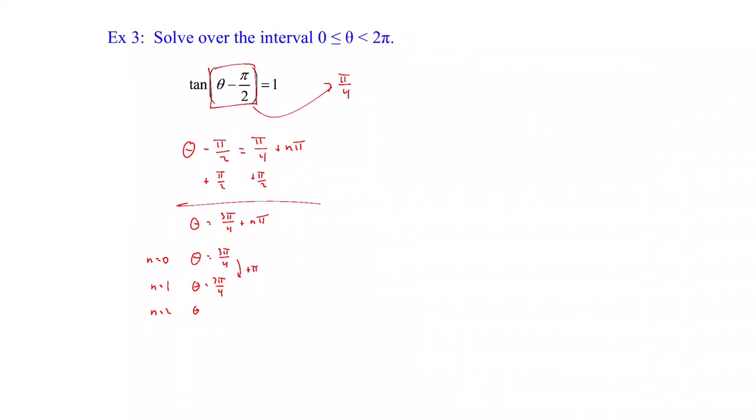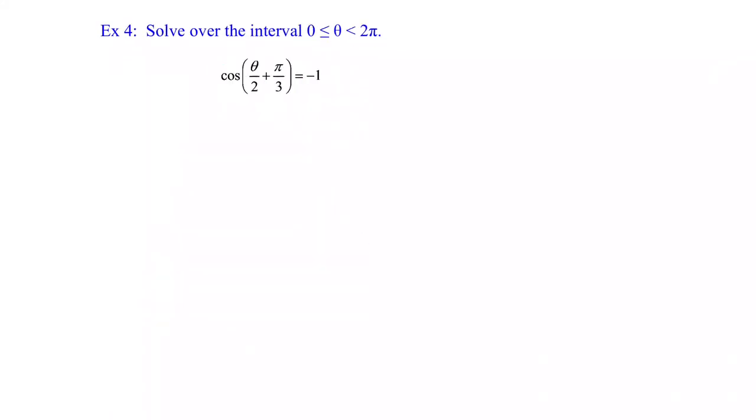And then if we add pi to that, we would get 11 pi over 4, which is bigger than 2 pi. So our only answers for this equation are theta equals 3 pi over 4 and 7 pi over 4.